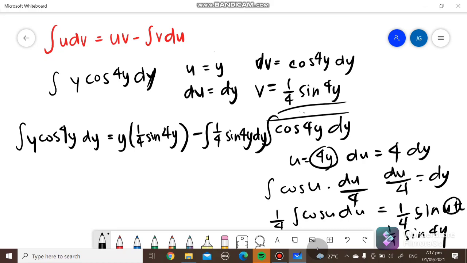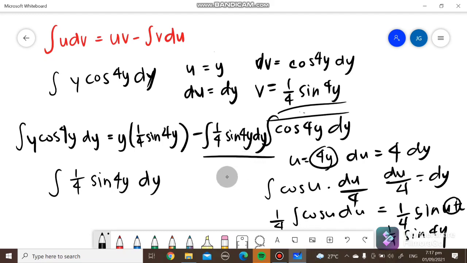With that, we can also start integrating this one, because this part is okay already. So only the integral of this part is left: the integral of 1/4 sine 4y dy.